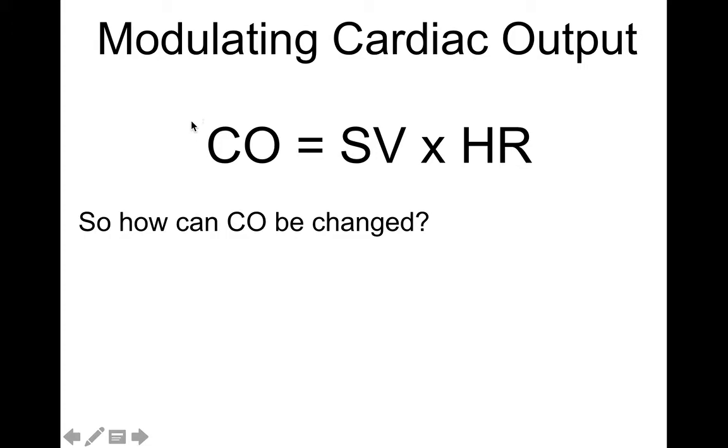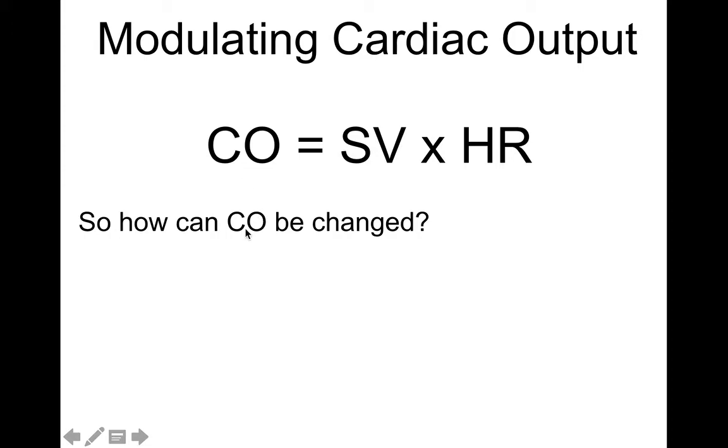So obviously we want to modulate cardiac output if our body is doing different things. If we're sitting here relaxed, resting, we need a certain amount of blood flow to maintain our body. But if we start exercising, obviously we have to increase the amount of blood going to different tissues to maintain normal tissue function. So if we start exercising, we're going to need to increase cardiac output.